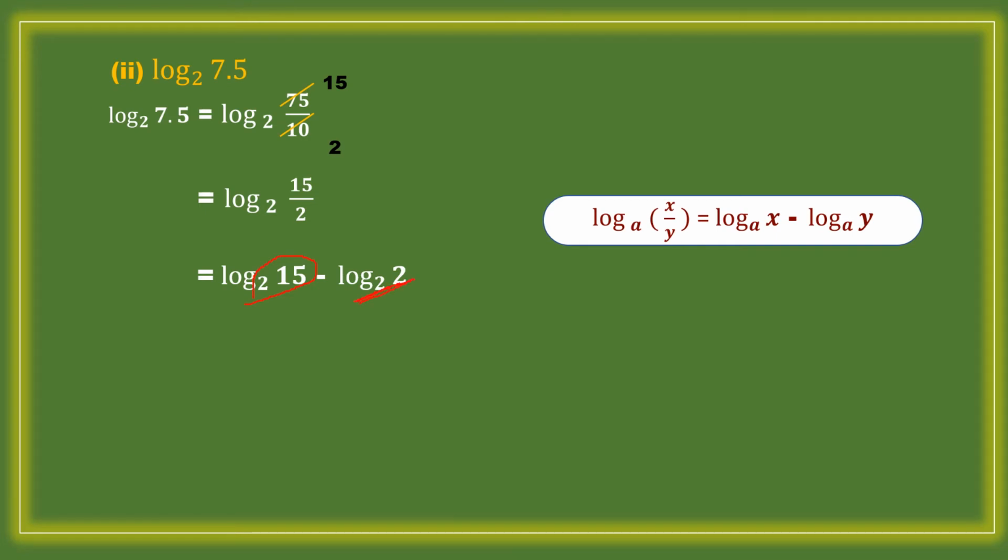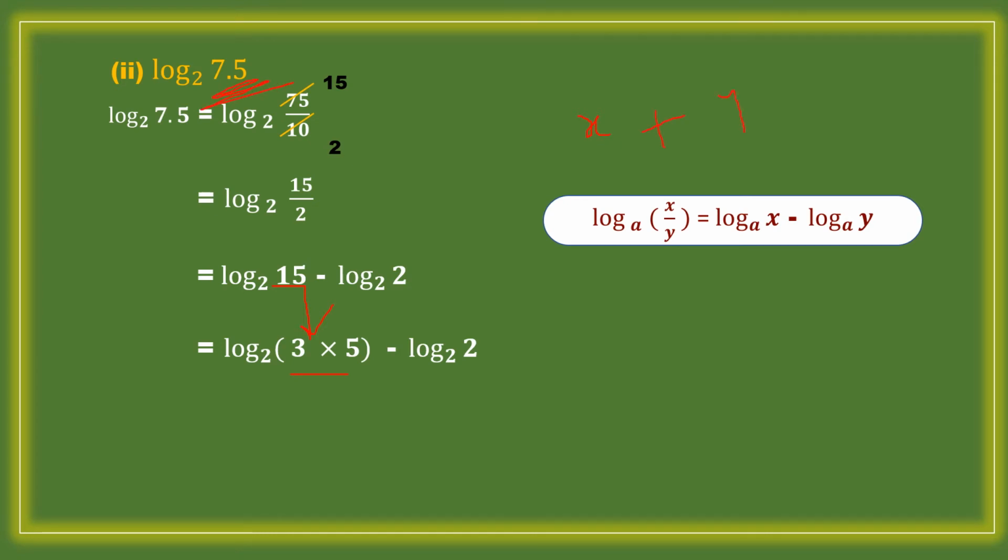So log 2 base 2: when the base and the power are equal, like log a base a, then its formula gives 1, right? So be perfect with the formulas. This 15 I wrote as 3 into 5, because we should express log 15 base 2 in terms of x and y.